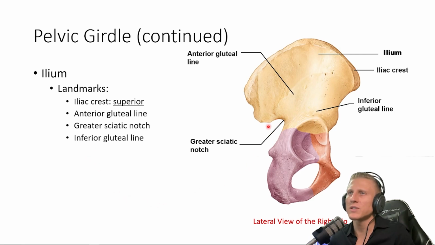Then we have the greater sciatic notch. This one's a little bit more interesting in terms of physiological application. You may have heard of a condition called sciatica. Okay, this is essentially nerve pain that usually originates around the pelvic region, but can also be disseminated broadly throughout the lower body, even sometimes presenting in other weird spots. It is because there is the sciatic nerve that runs around this notch right here.